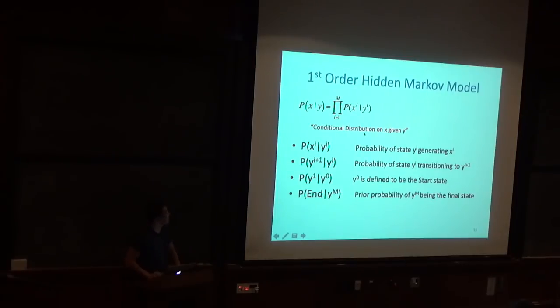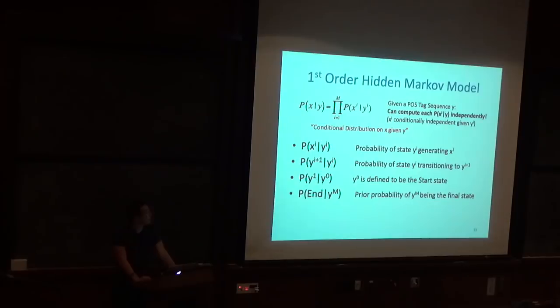So if we happen to observe y, under the hidden Markov model assumption, then the probability of observing the sequence of x is completely conditionally independent. That's one property we can deduce from just looking at the hidden Markov model.